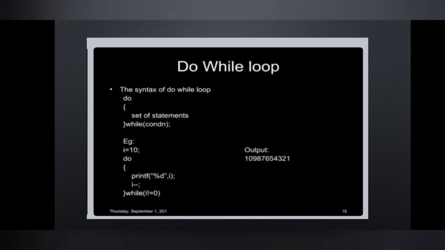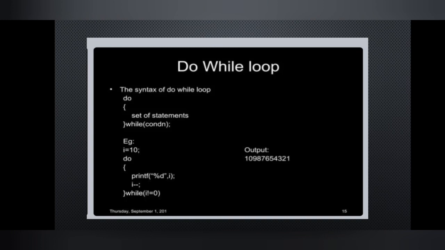And here we have the do while loop. It executes the statement until the given condition becomes false. The syntax for the do while loop is do, set of statements, while condition.